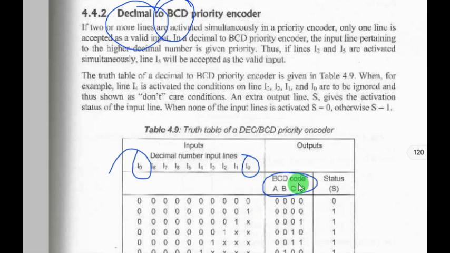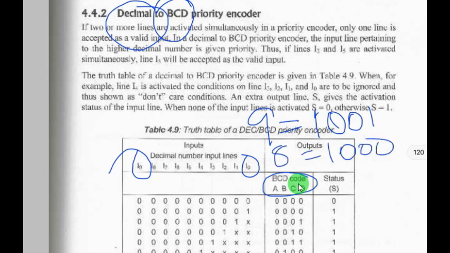So we know that a 9 is represented by a BCD code as 1 0 0 1, isn't it? And an 8 is represented by a 1 0 0 0, etc. So when we want to activate line 9, we want 1001 to be output there.